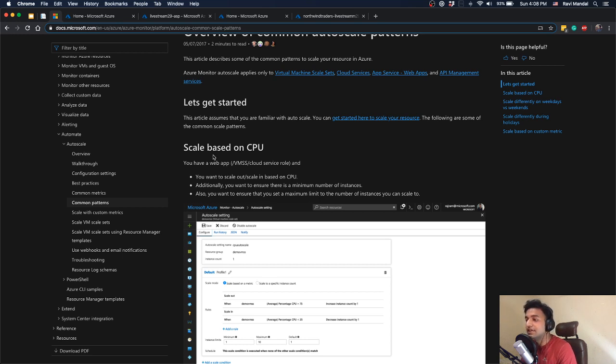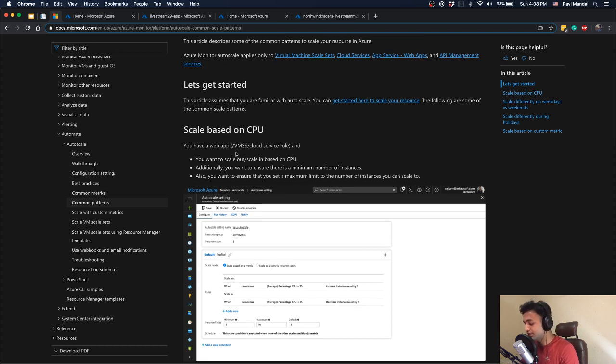The first thing is you can scale based on the CPU usage. For example, if your application is using more than 60% of your CPU, then you can say, hey, just go and scale. The cloud computing platform will automatically scale the resources based upon the rules you have set.